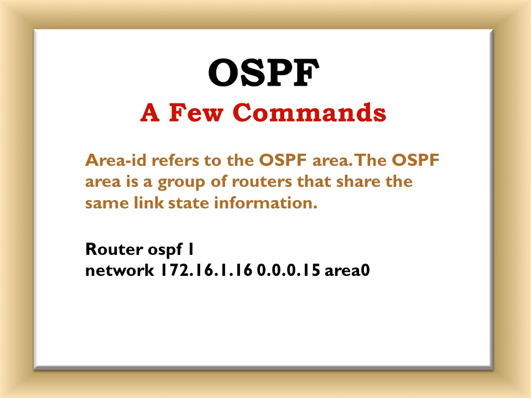Another command that's necessary is the area-id, because it refers to the OSPF area. The OSPF area is a group of routers that share the same link state information. So the command would be router ospf 1.